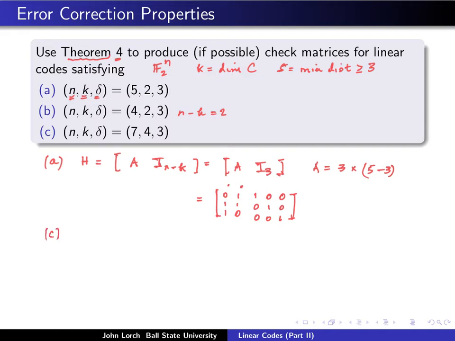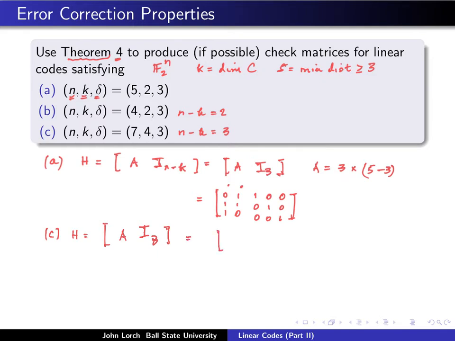Okay, so they're building again on what we did in part A. Well, what is our proposed check matrix going to look like? It'll be A, and then n minus k in this instance is equal again to 3. So we're going to again have the 3 by 3 identity matrix over on the right, just like we did in the first example.